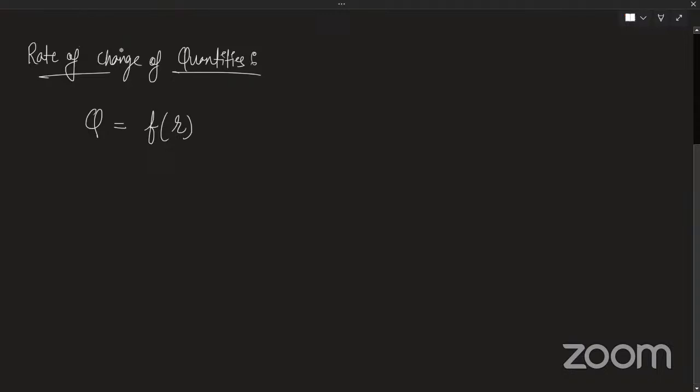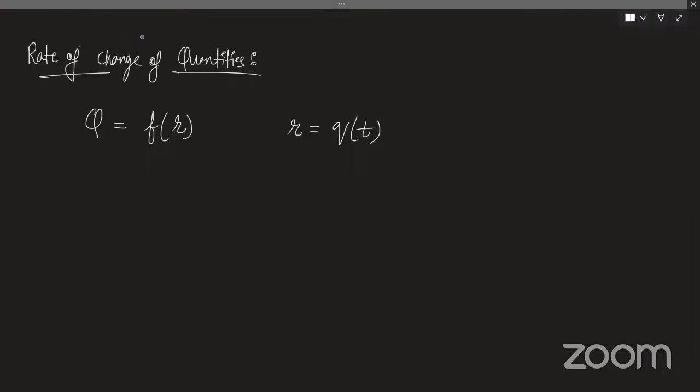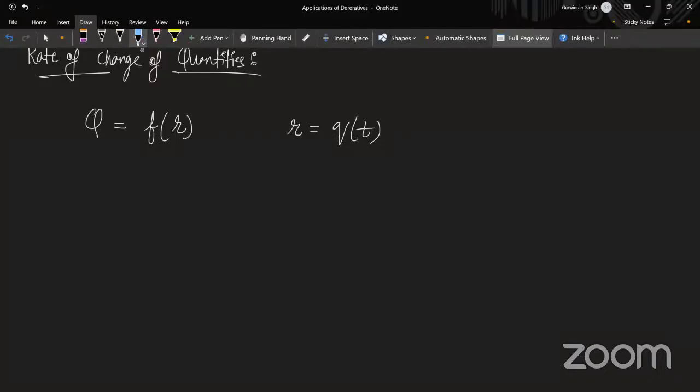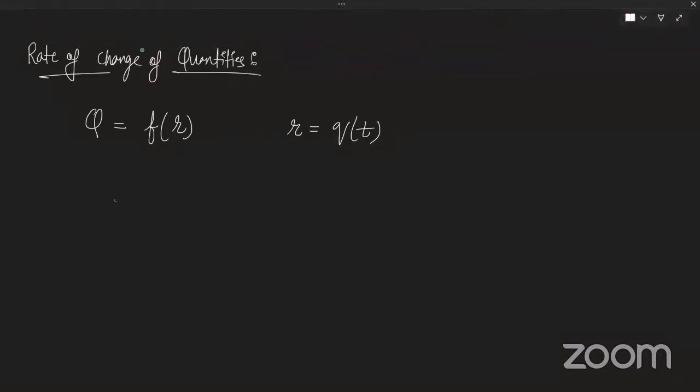And r itself is depending on some variable, let us assume it to be t. Now I am asking you what will be the rate of change of this quantity at a particular point when r has a particular value or when t has a particular value. So basically, I am asking you what is the value of dq by dt.